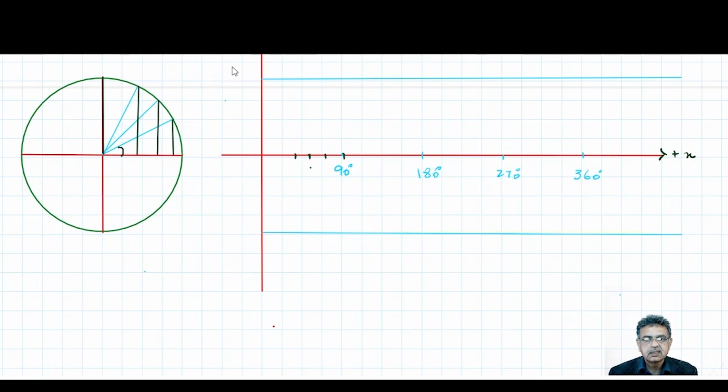We can see that I use a light color, that this line from here, this is 30 degrees.